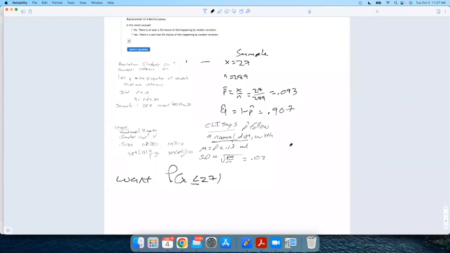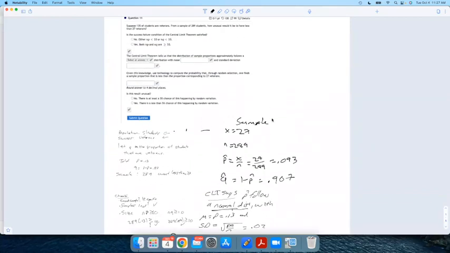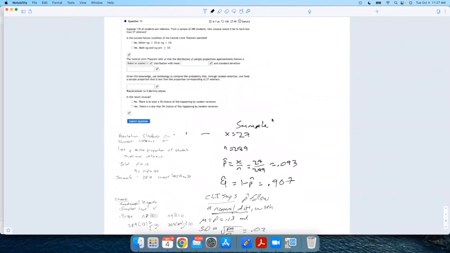And you might be saying, well, the question said strictly less than. The normal model doesn't care about the difference between less than and less than or equal to. Same thing. You're going to get the same answer.